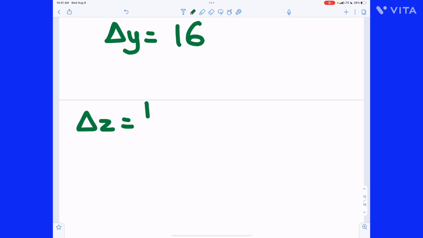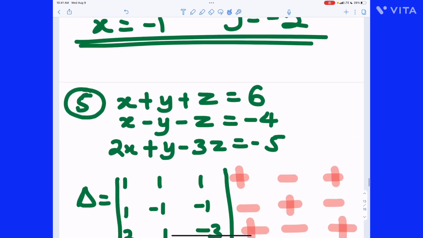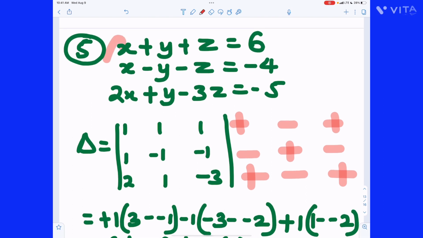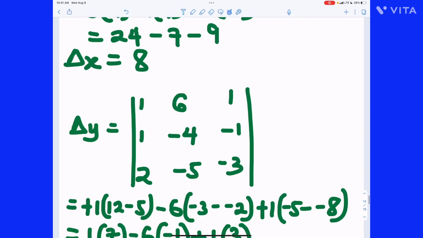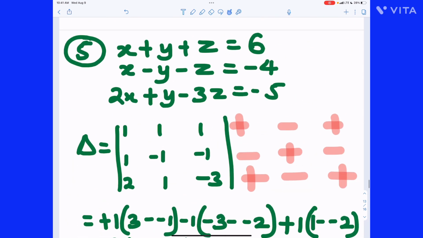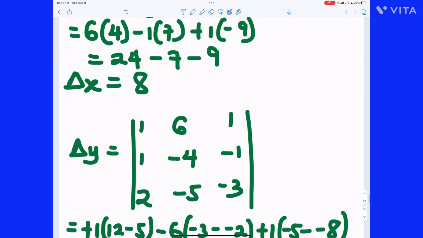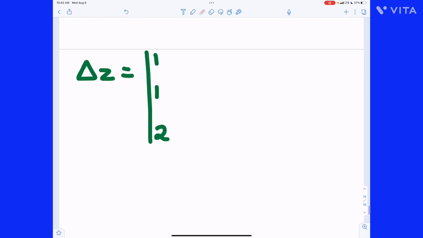So next, I'll find delta z. How do I get delta z? I'll keep the coefficients of x, which are 1, 1, 2. I'll keep the coefficients of y also: 1, minus 1, and 1.